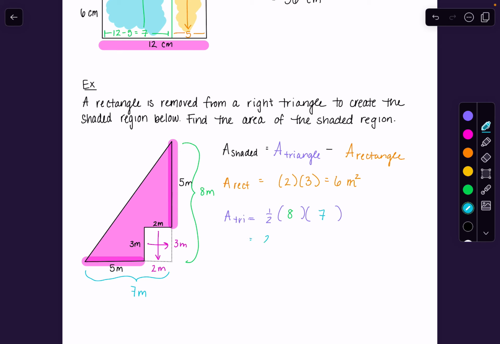This is going to give you 28. And the units, again, are meters squared. So now that I have these two pieces, the area of my shaded region is the area of my triangle minus the area of the rectangle, giving us that the shaded region has a total area of 22 meters squared.